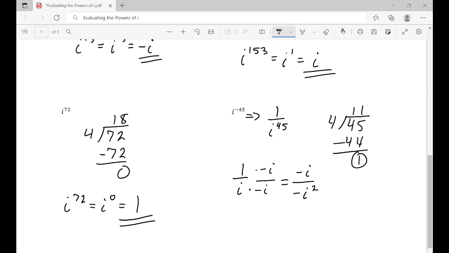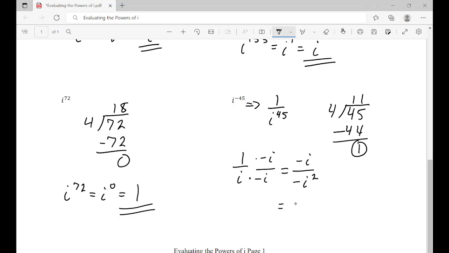So when simplifying this down, we're going to have negative i up top and negative 1 in the bottom. When we do that, we're going to get negative i up top and a positive 1 in the bottom, which is just going to give us negative i. So i to the negative 45th power is equal to negative i.